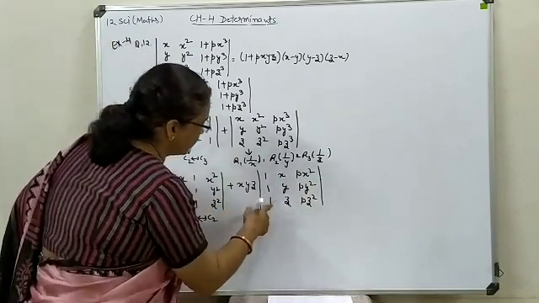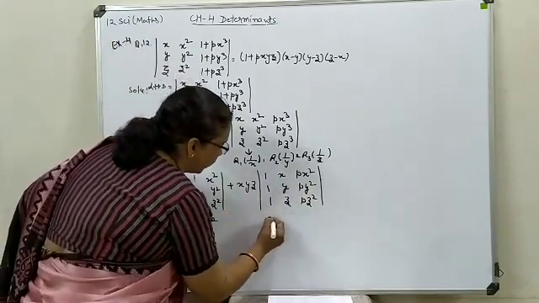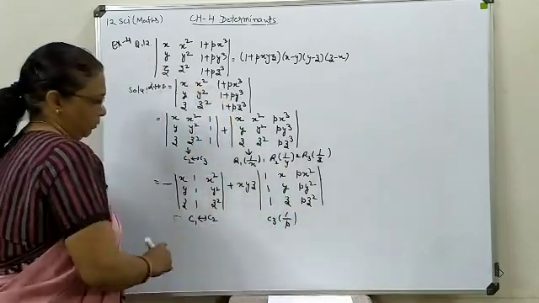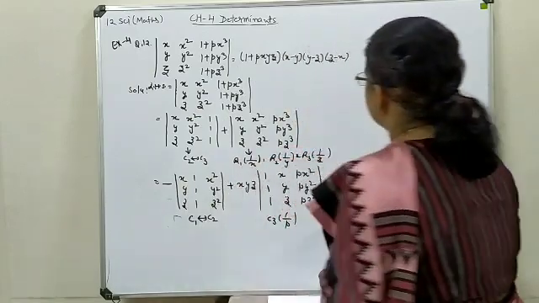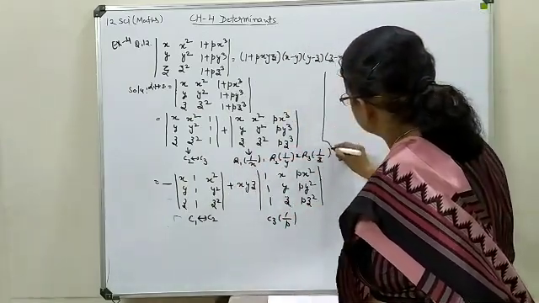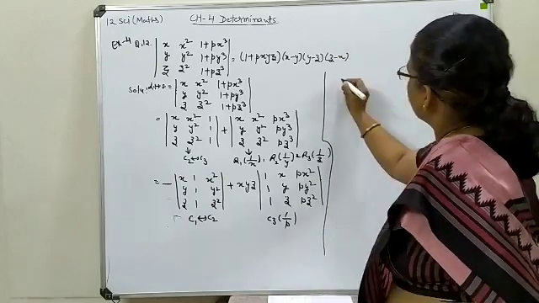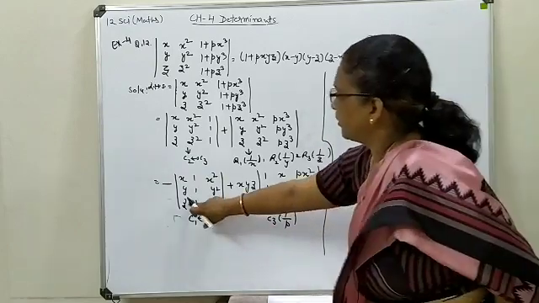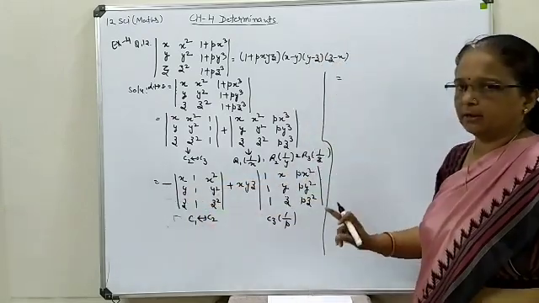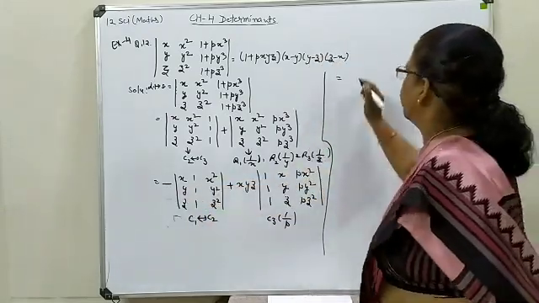So with respect to this determinant, in the third column p is to be taken common. So the change you will see, on exchange of these two, one more negative sign is produced. So already one negative you are having, so negative will turn to positive.